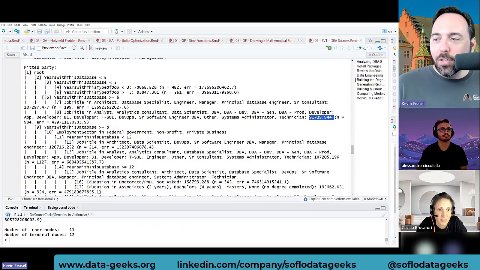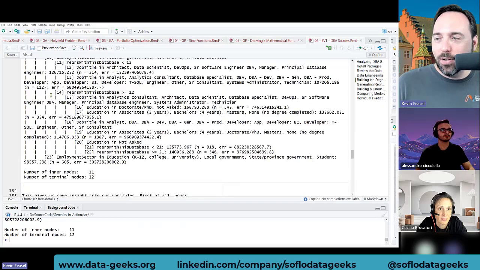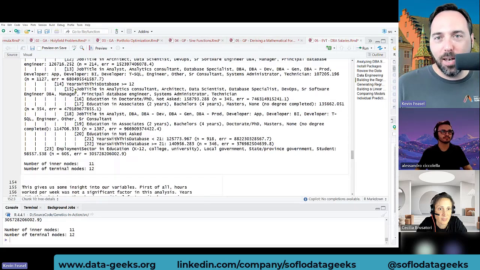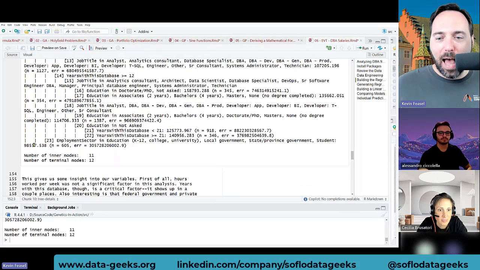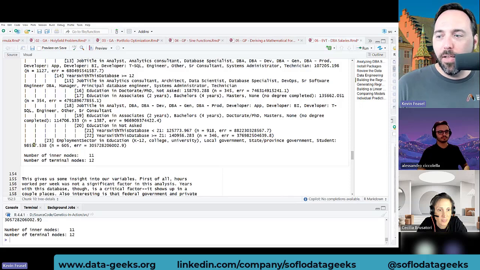Oh, that's kind of interesting. So we can dig through this, and there's a lot more depth here than what I normally get in the result. But what we can find is I now have the characteristics that could drive what a salary could look like for a person.